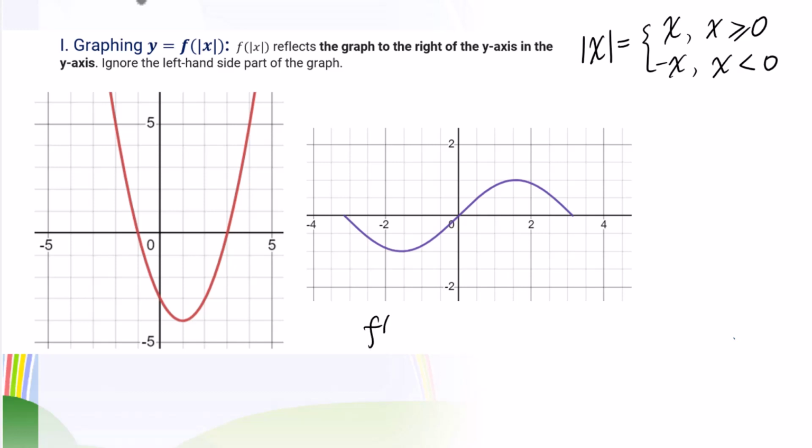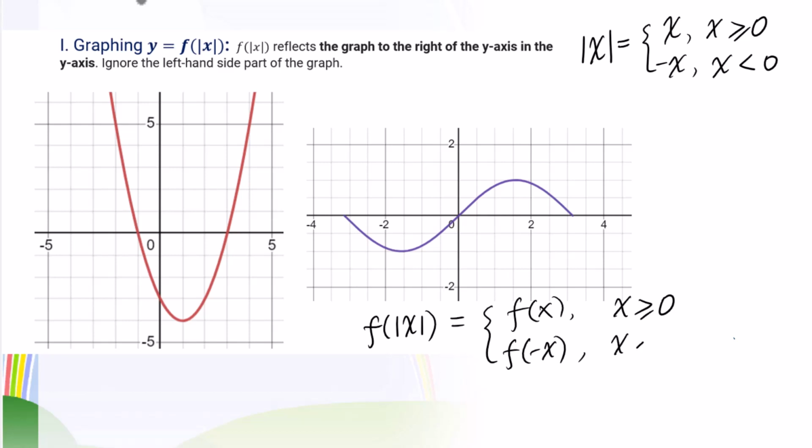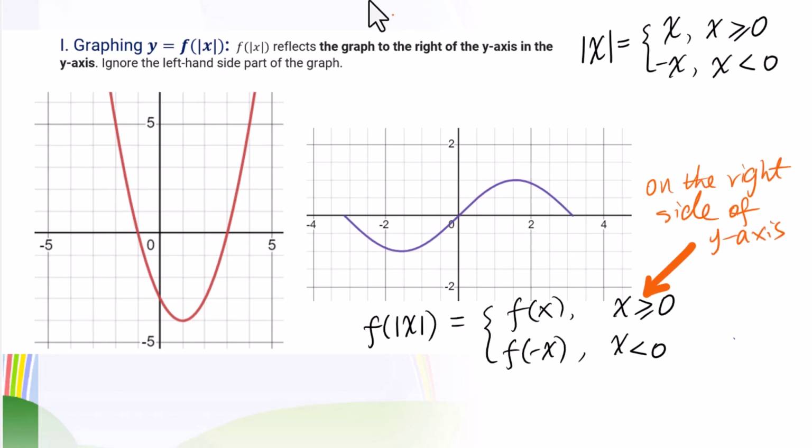F of absolute value of x equals f of x when x is greater than or equal to 0, and f of negative x when x is less than 0. X greater than or equal to 0 means on the right side of the y-axis, the graph will stay the same.